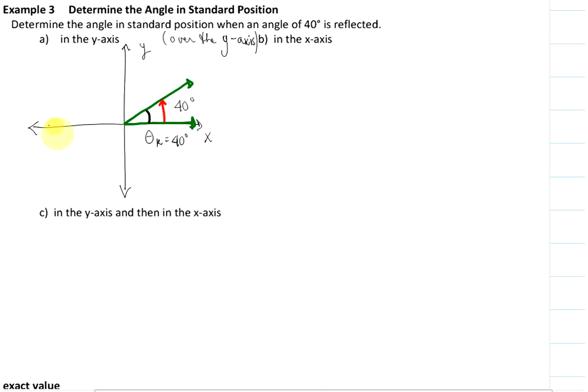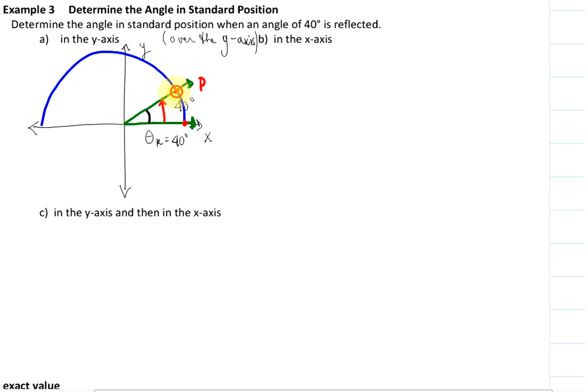Okay, and one way to do that is, if we reflect it over the y-axis, we'll find that it's in the second quadrant. So one way to do that is to draw a semicircle that spans the first and the second quadrants. And then take a point from the x-axis, move it along to our terminal arm, we'll call it P. And we want to take this point and reflect it over into the second quadrant.